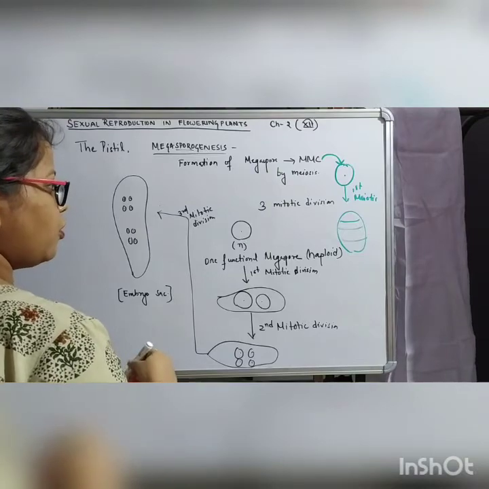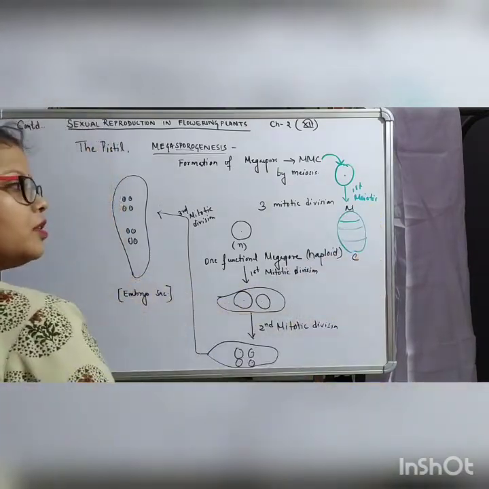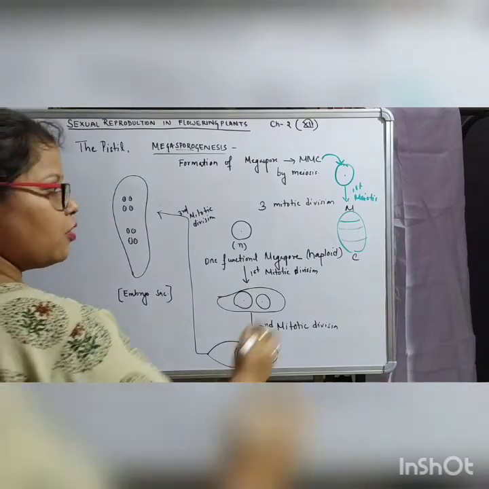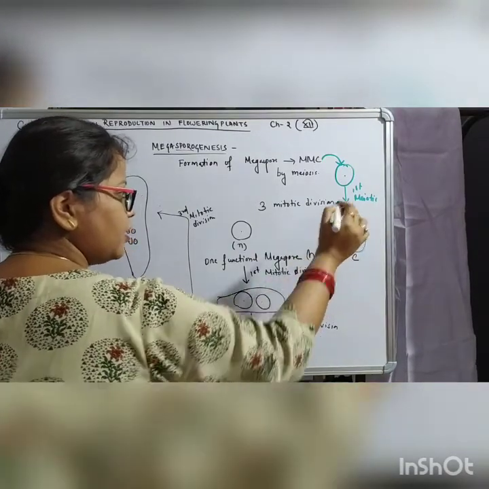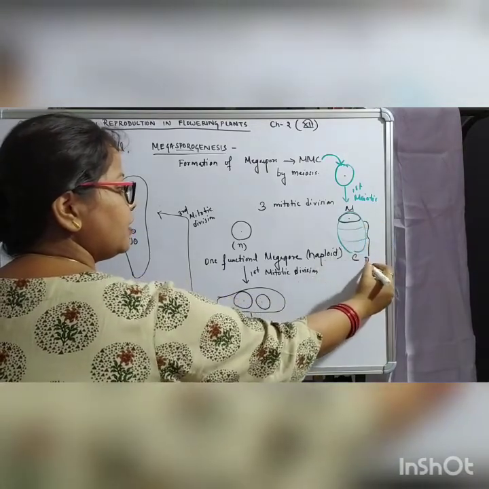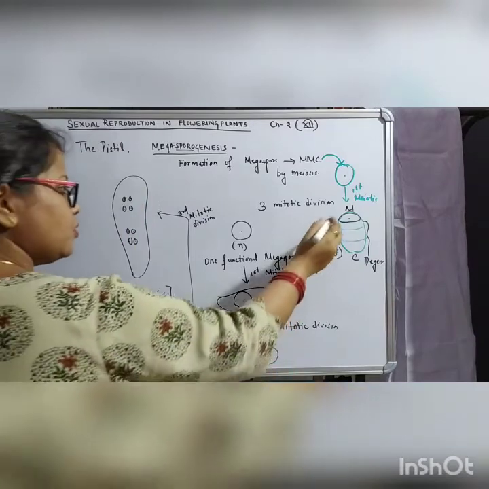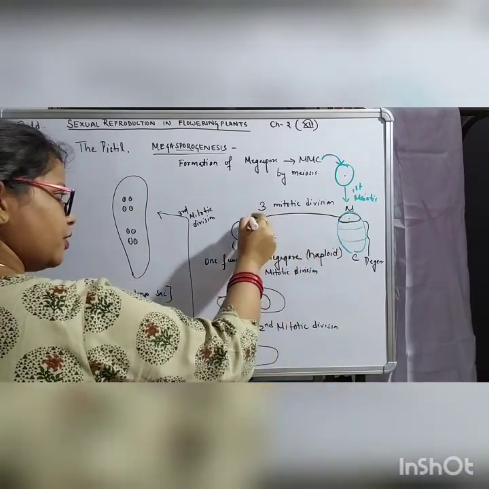Out of these 4 cells, the one closer to the micropylar end became functional, and the other 3 degenerated. So now we have accounted for this.